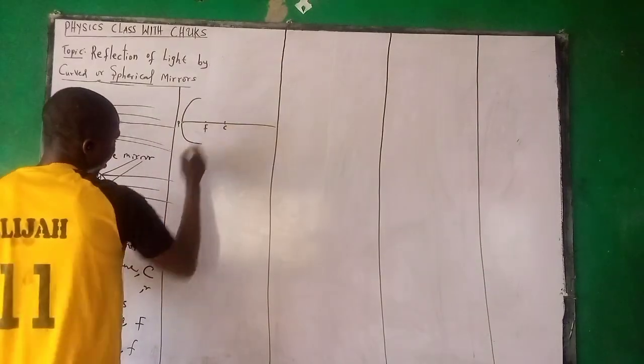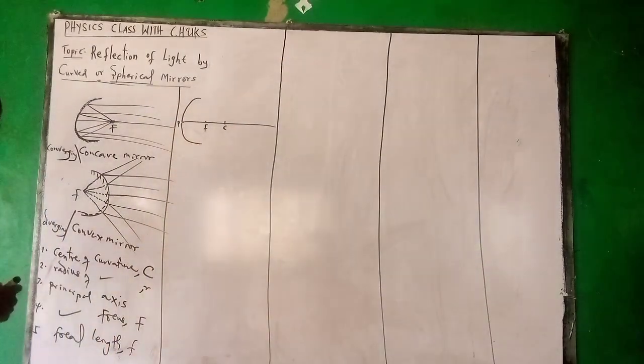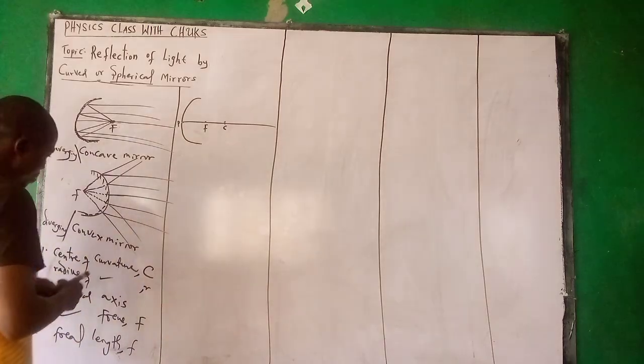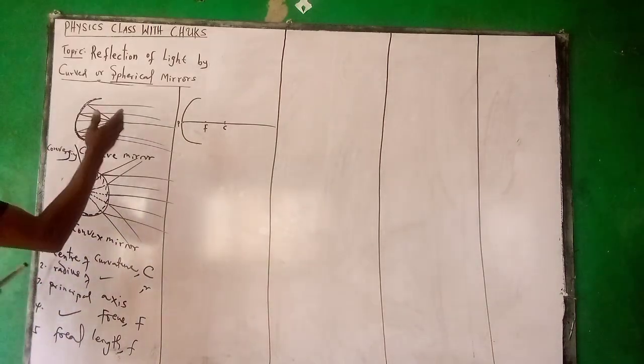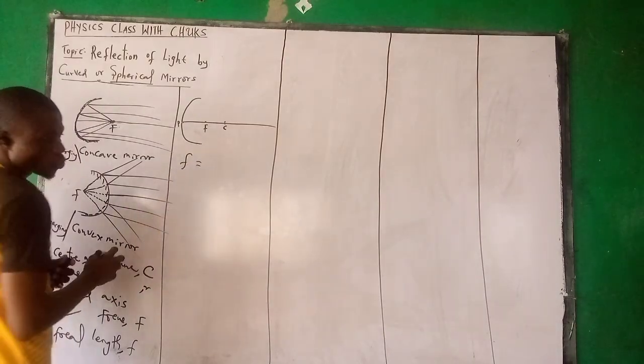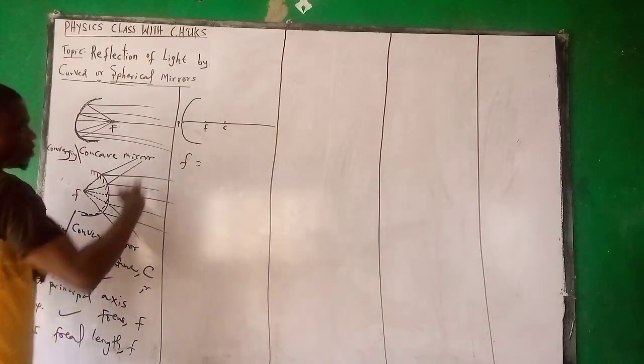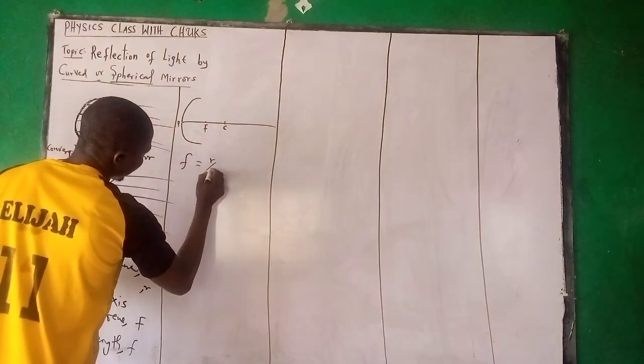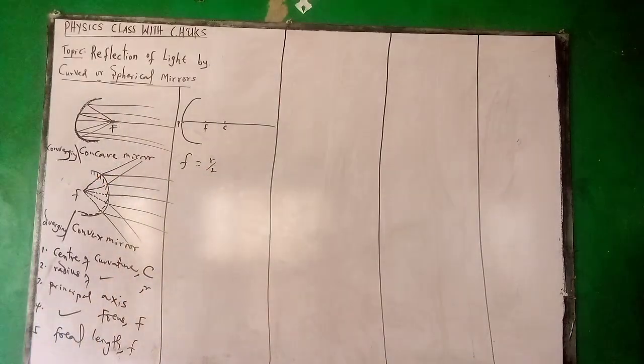Focal length, which we write as small f, is half of the radius of curvature. So f equals r over 2, mathematically.